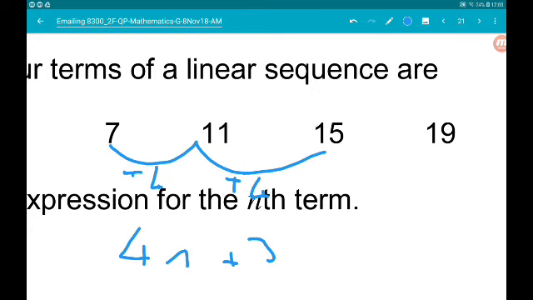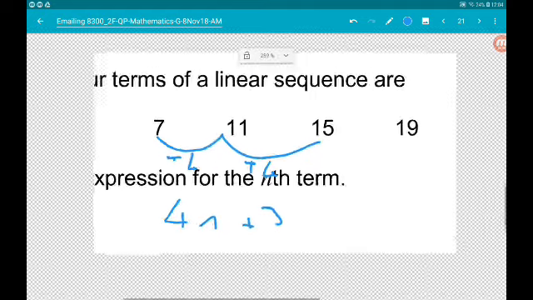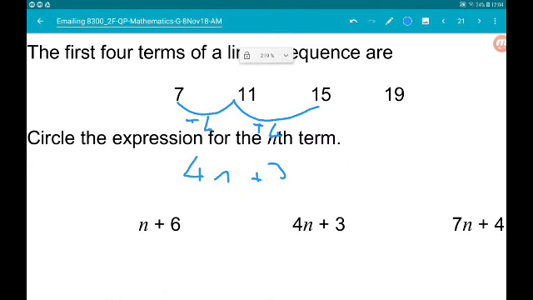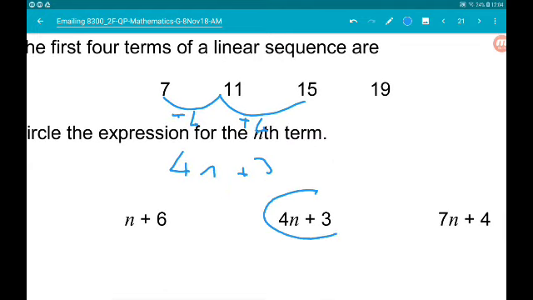Let's check that works. For the second term, n is 2. 4 times 2 is 8, add 3 is 11. Check it for the third one. 4 times 3 is 12, add 3 is 15. Boom. So there's our one.